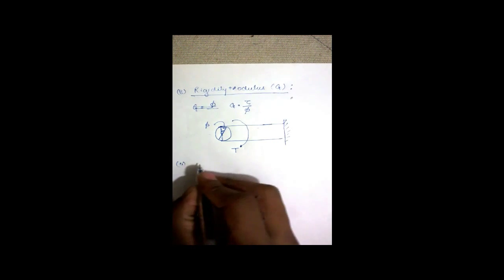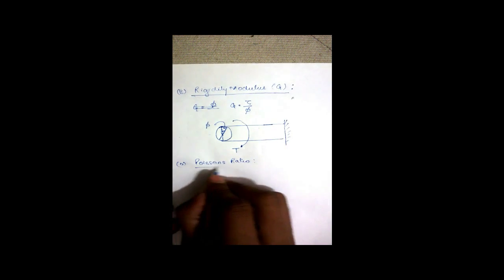The final one is the Poisson's ratio. Poisson's ratio is one of the very important elastic constants and is used for derivation of K and G from E and mu.